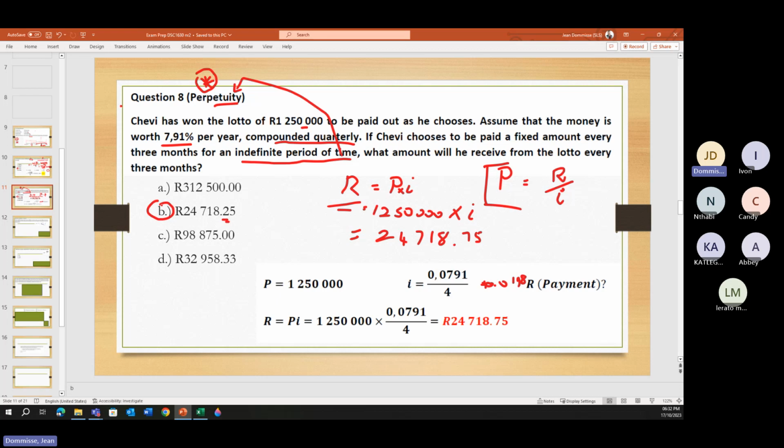So again, they will not give you another option of 24,718.75 or 24,717 point something.